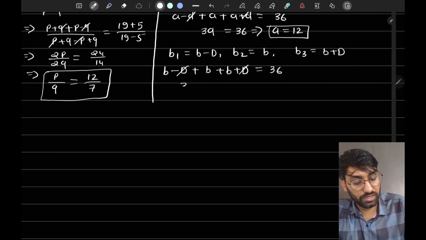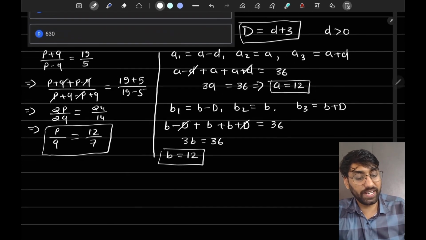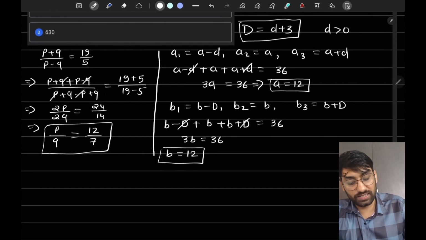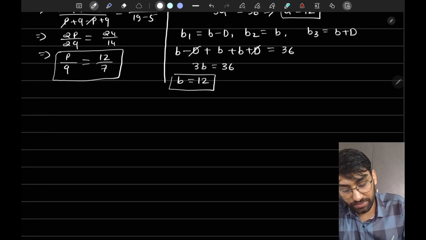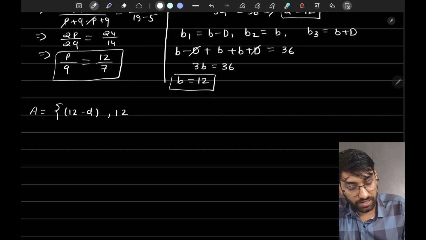So I will get 3b equal to 36. It means b is nothing but 12 again. So b and a we are having. So my set A will have 12 minus d and 12 plus d.